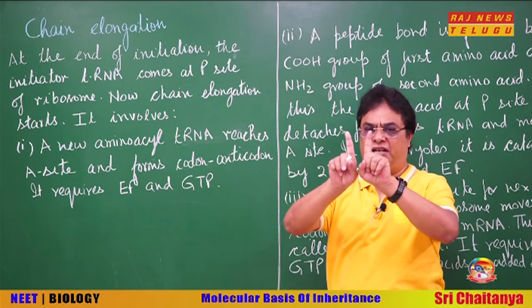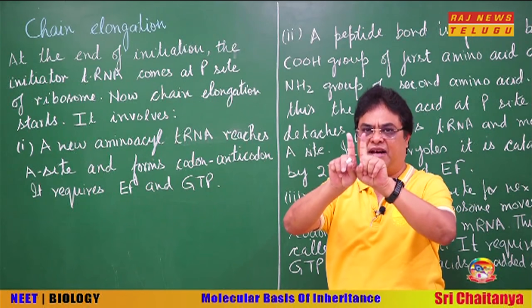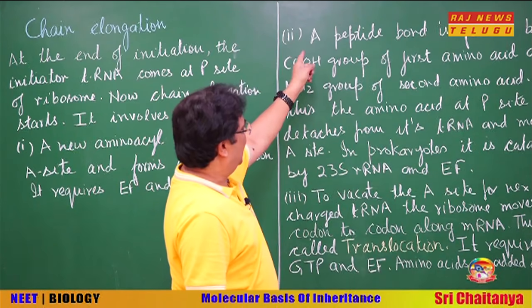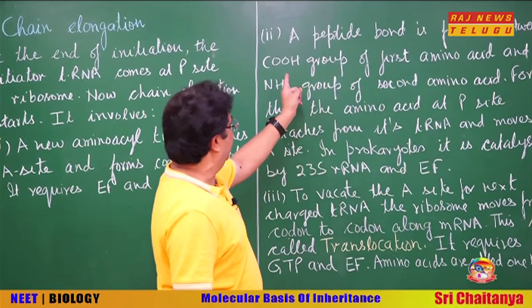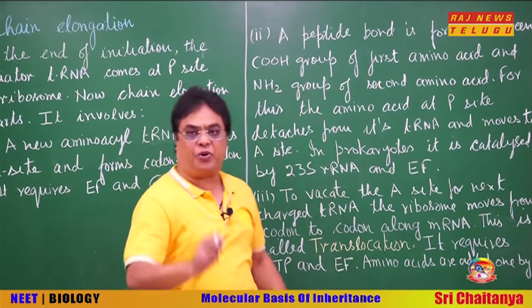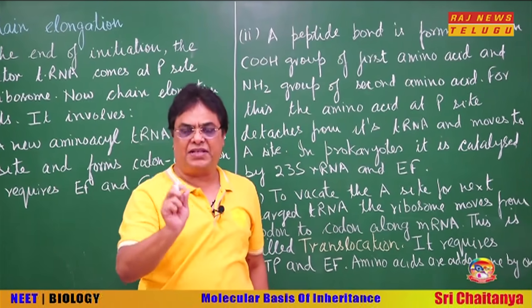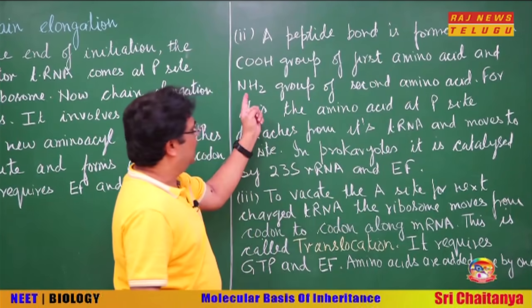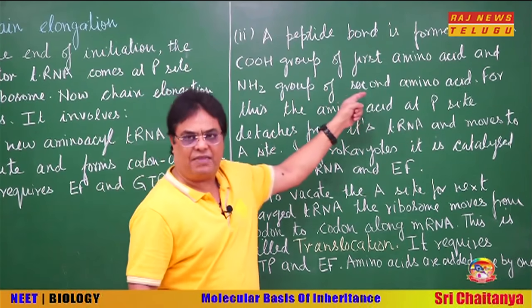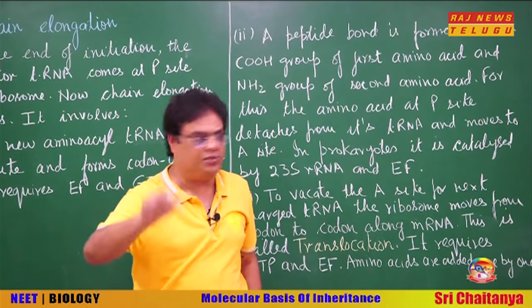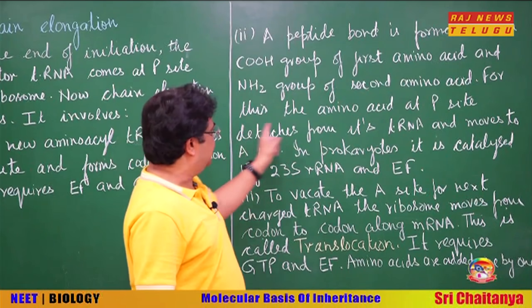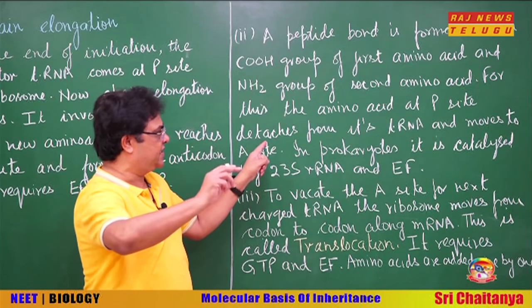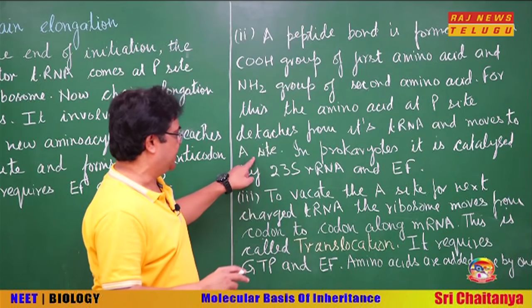Now two charged tRNAs are lying side by side on the ribosome. Now see what happens. A peptide bond is formed between the COOH group of the first amino acid, the one that was at the P site, and the NH2 group of the second amino acid, the one that has come to the A site. For this, the amino acid at the P site detaches from its tRNA and moves to the A site.